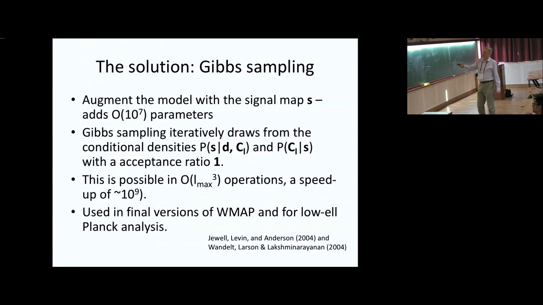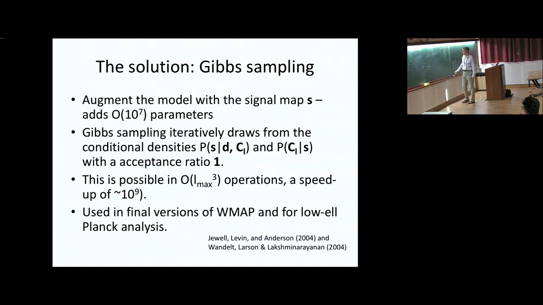And it turns out that when you split a PDF like that into two subsets, because it's possible to draw from these conditional densities here, you never need to actually evaluate the PDF. When you can draw from the conditional densities, this is called Gibbs sampling. And what you do is, let's say you have your signal here and your power spectrum there, and you have some PDF here.